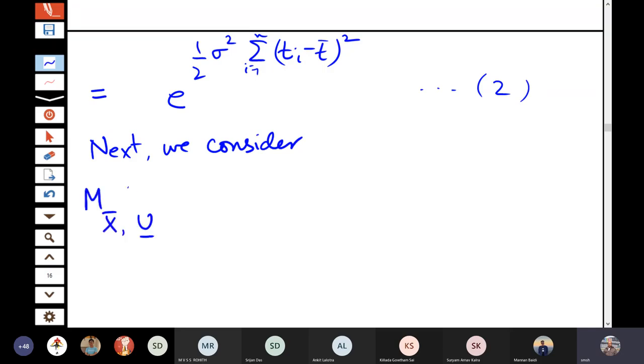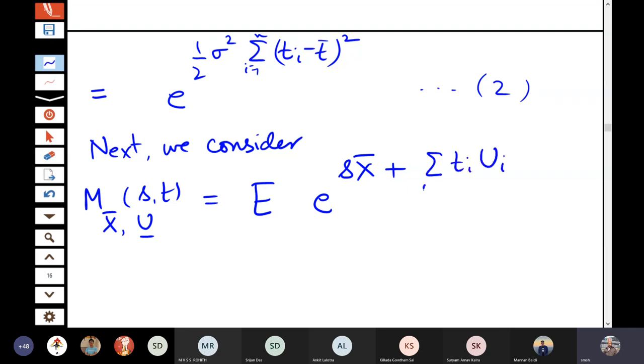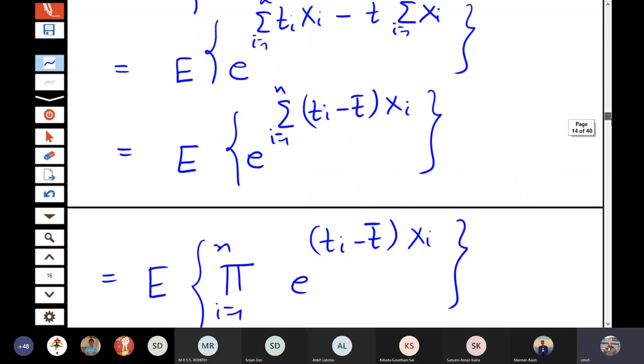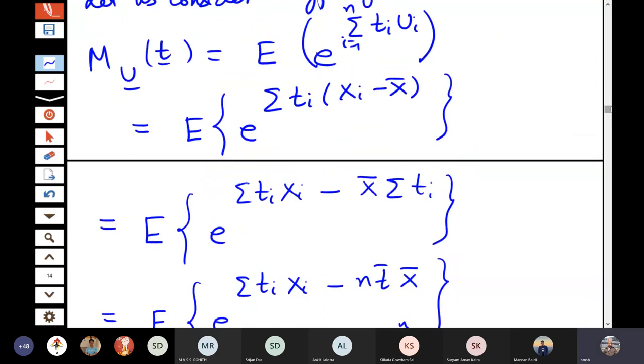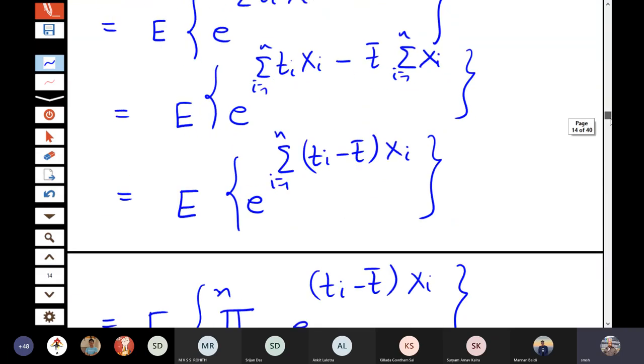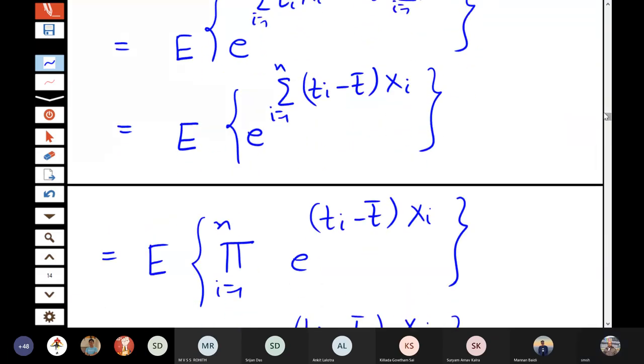M x bar, u at (s, t), that is the expectation of e to the power s x bar plus sigma ti ui. Well, the expectation of e to the power sigma ti ui we already simplified. If you remember, we have done this calculation here. E to the power sigma ti ui I could finally write as the expectation of e to the power sigma (ti minus t bar) xi.